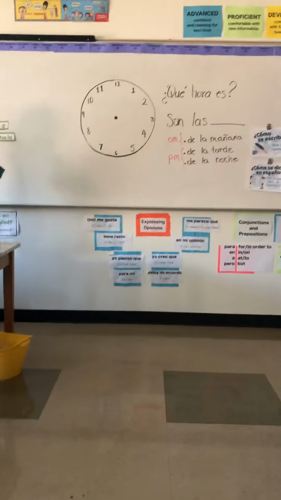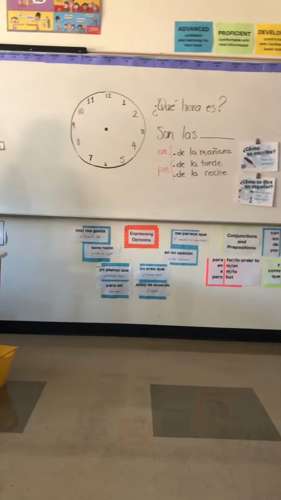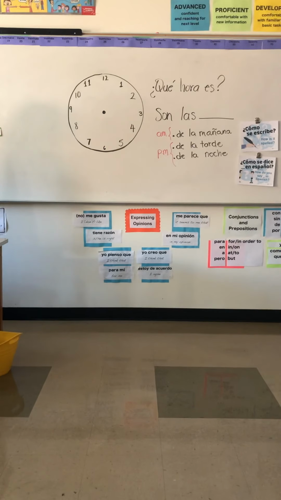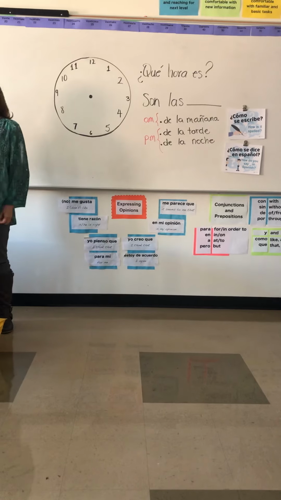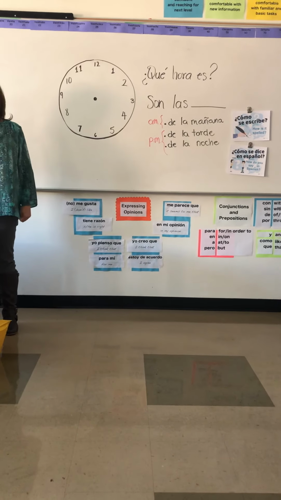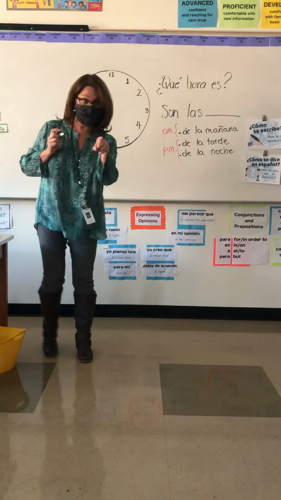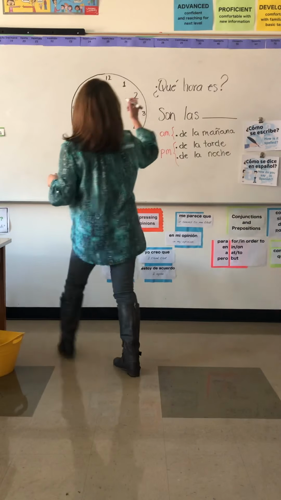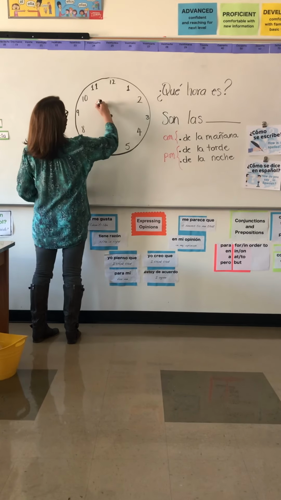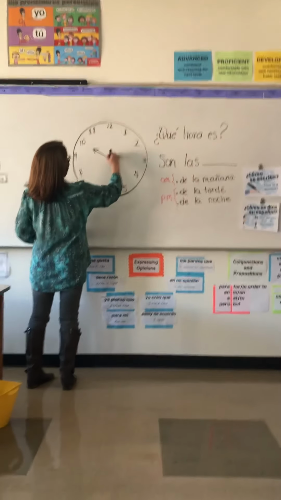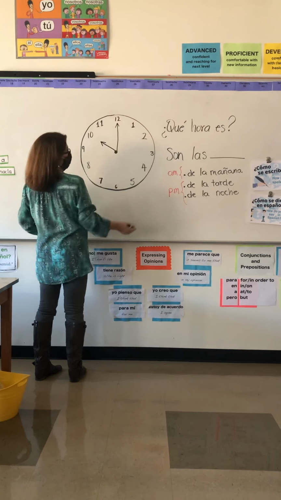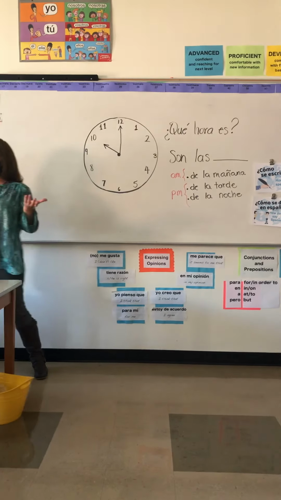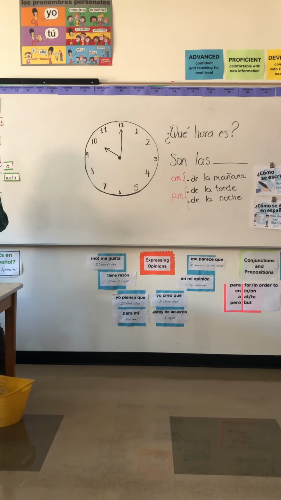All right. Number 1, son las 10 de la mañana. Show me on the clock, las 10 de la mañana. So, las 10 de la mañana would be, the short one would go to 10, and the long one would go to 12, which means o'clock. And then de la mañana would be a.m. or p.m.? AM.